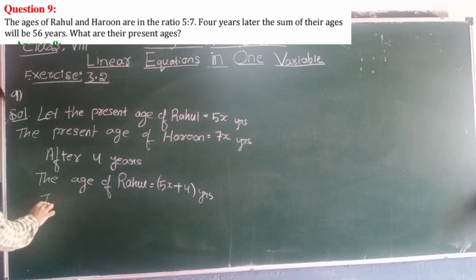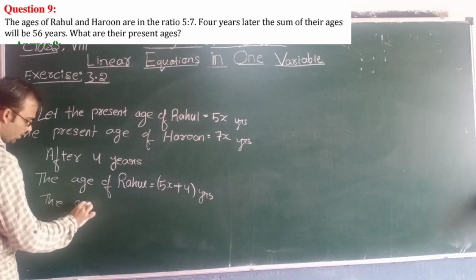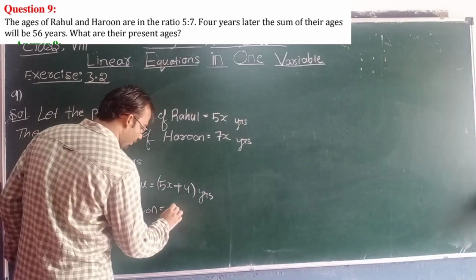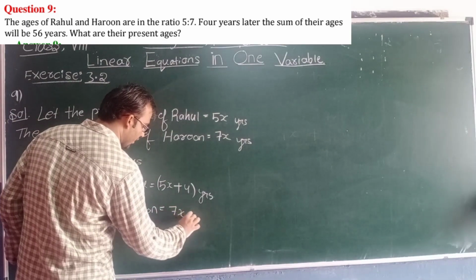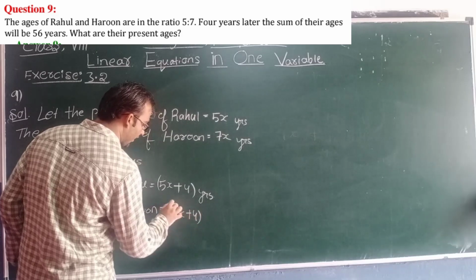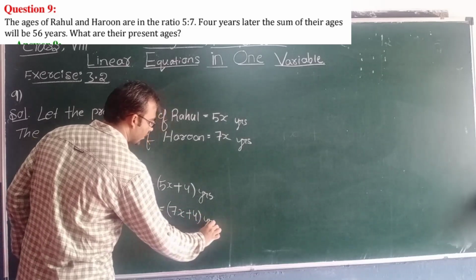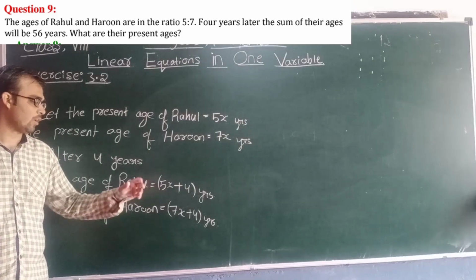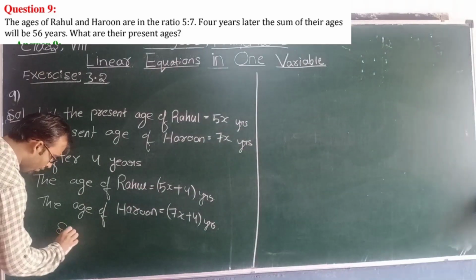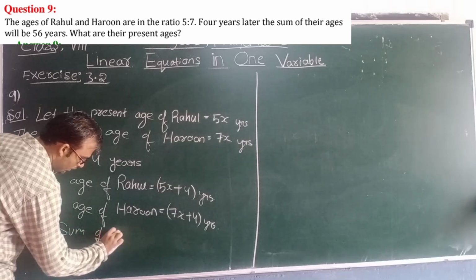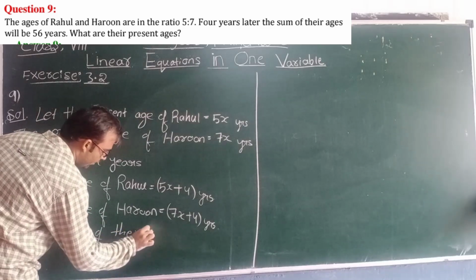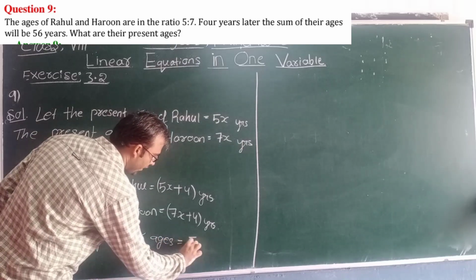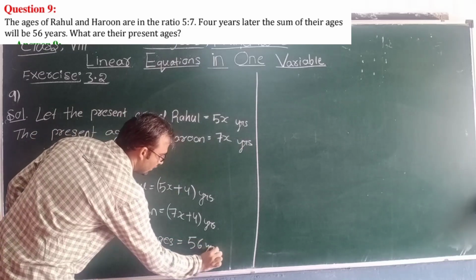Now, the age of Harun. If the present age of Harun is 7x, then after 4 years, his age will be 7x plus 4 years. So now, these are the ages of Rahul and Harun after 4 years. Sum of their ages is equals to how much, students? 56 years.